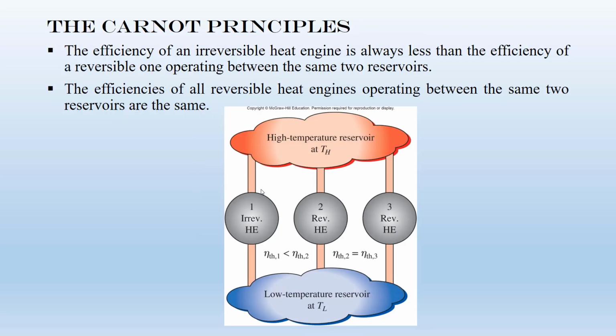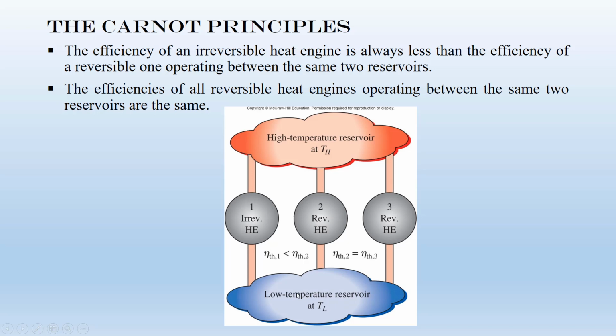Now, the Carnot principles. There are two principles for the Carnot cycle. The first thing is that assume that we have a high temperature reservoir and low temperature reservoir or sink.